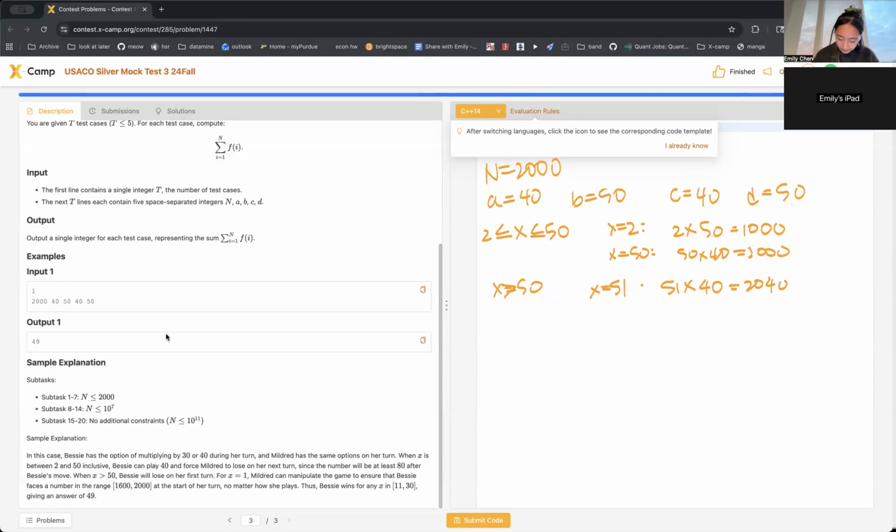Now, if x was equal to 1, then Bessie could play anything. She could either multiply by 40 or multiply by 50. And in both cases, Mildred would have an option to not lose. So in this case, she could multiply both by 40.